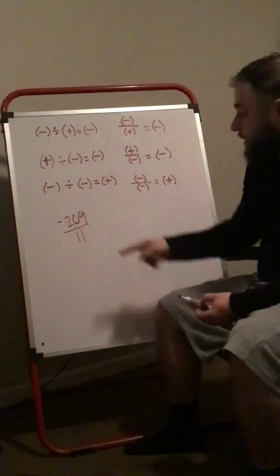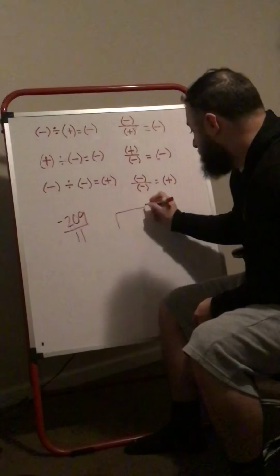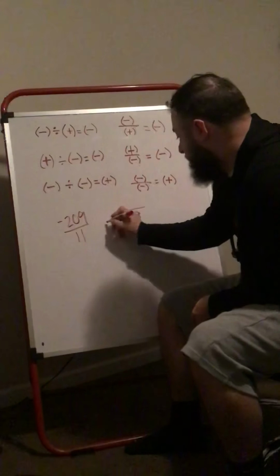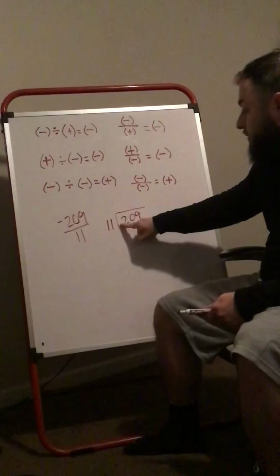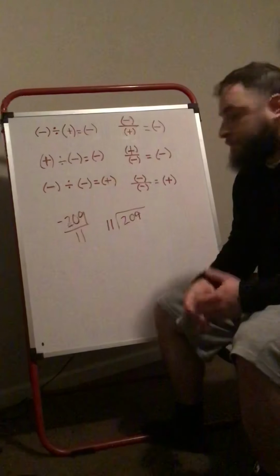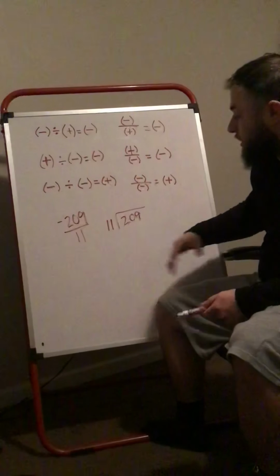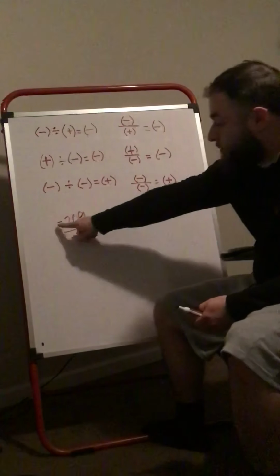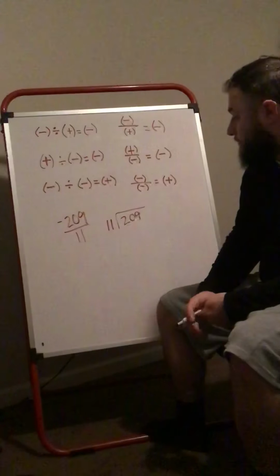Remember, when you're dividing, your top number, or numerator, goes inside the division box. It is our dividend, which is 209, and then we divide by 11. Notice I didn't put the negative sign in there. We don't need to, because the problem works out the same way, but we know we have to bring that negative back into the problem when we're all finished.